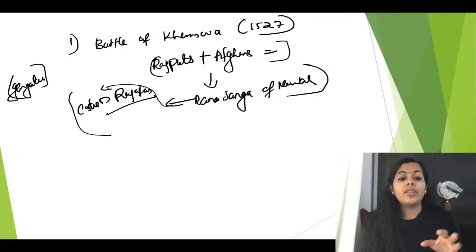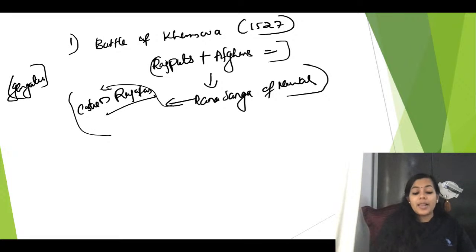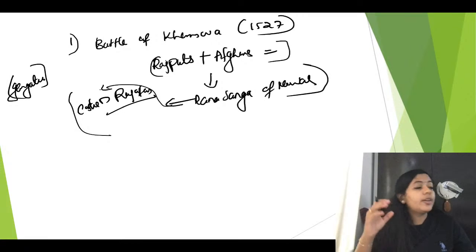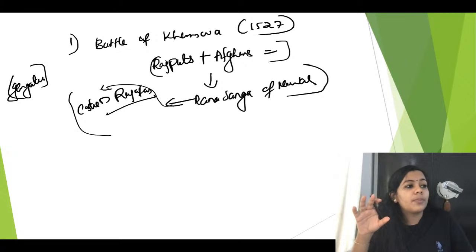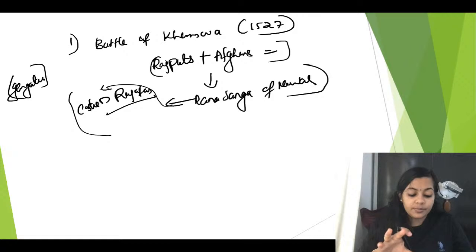They had an agreement with Babur. Rana Sanga had also helped Babur to come to India to acquire power. Fine.